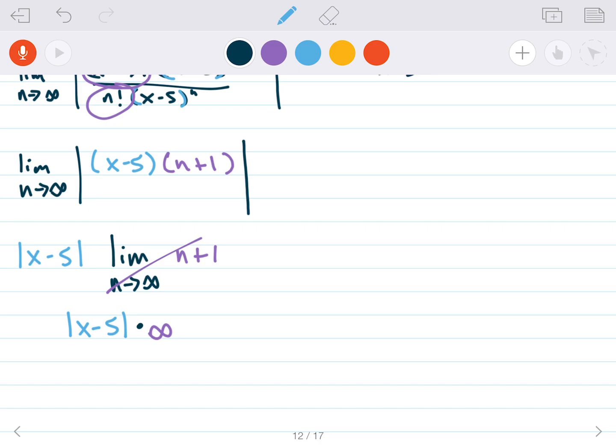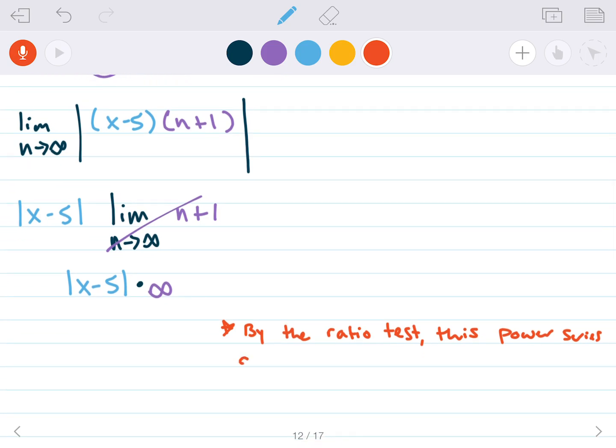So what we can say here, since this is infinite, by the ratio test, this power series doesn't converge, except, what's the exception?